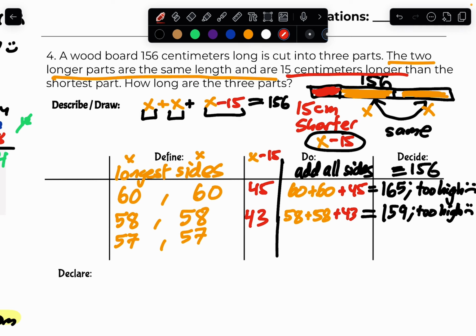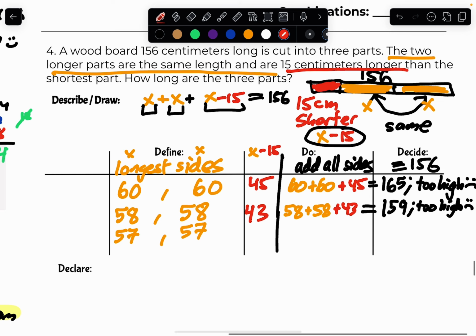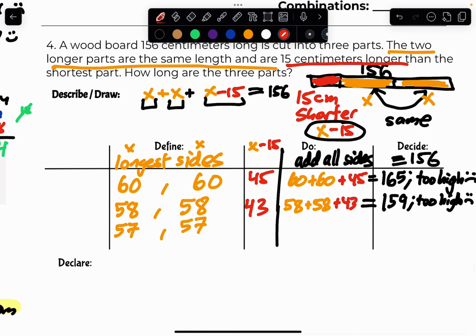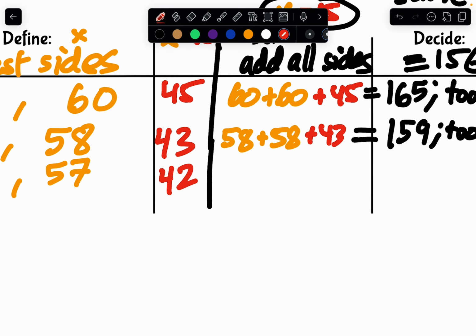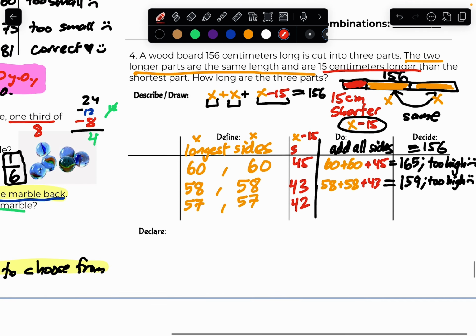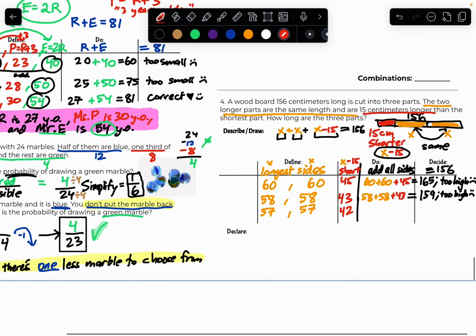And what's 57 minus 15? 57 minus 15 is 42. Okay, let's add the 2 longest sides and the short side.